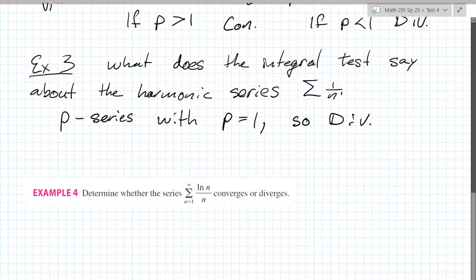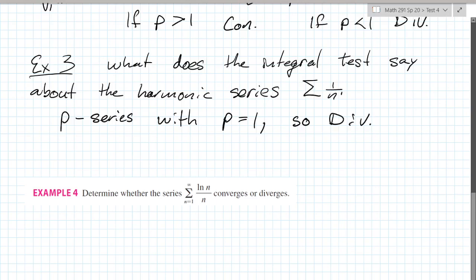Next example, we are looking at the sum of the ln of n divided by n, and we want to determine whether or not it converges or diverges. I suppose we should mention whether or not it's positive, continuous, and decreasing. If n is 1, then we have the ln of 1 is 0 over n. If n is 2, we get a positive number over a positive number.